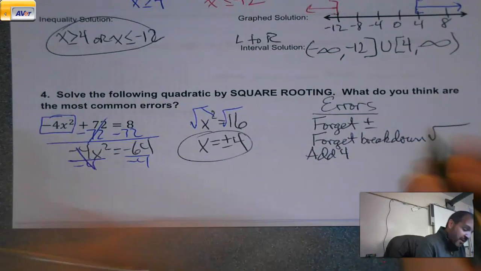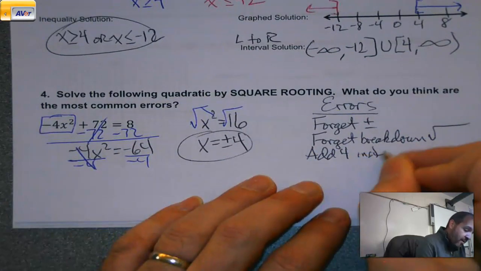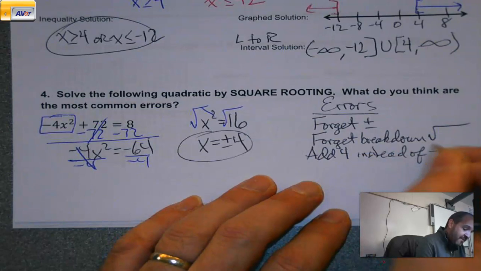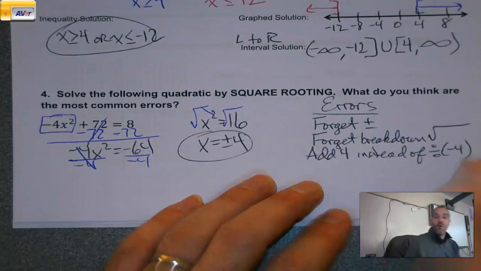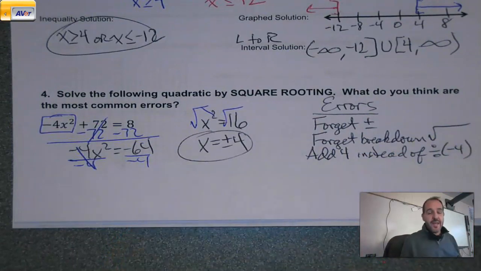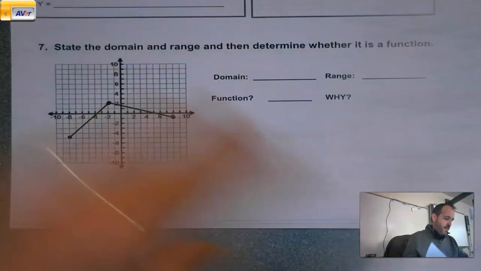Like the one I talked about earlier, they add 4 instead of dividing by -4. Any of those are legitimate things, okay? Because they're things I see all the time. So again, do you have to have them all? No, but get at least one good one in there, okay, for us to be able to work after that. All right, let's keep it rolling.